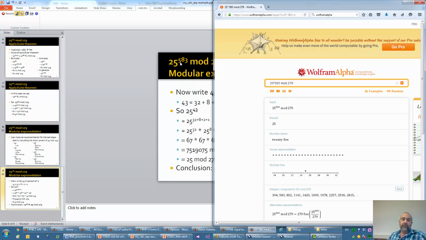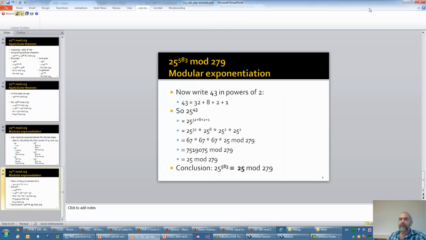And then try to solve such a problem. So choose a random value instead of 25, instead of 583, instead of 279. Try to calculate it, and with Wolfram Alpha you can always check your answer. And maybe you should start with values that are not too big, but it should work also for bigger numbers.